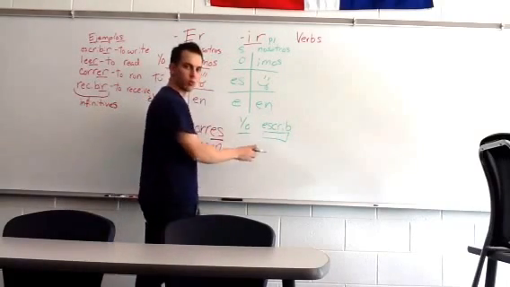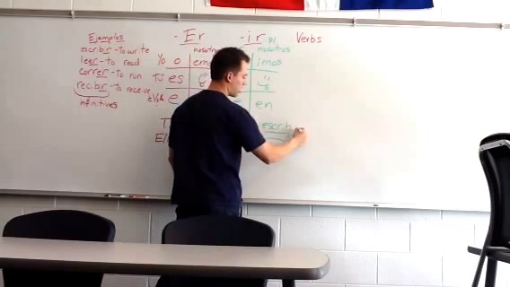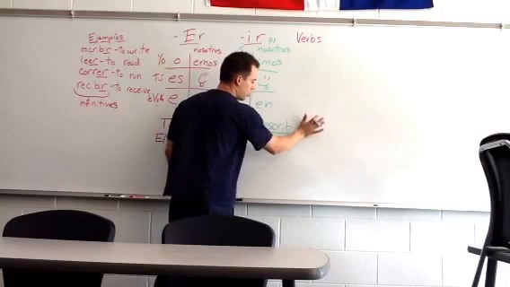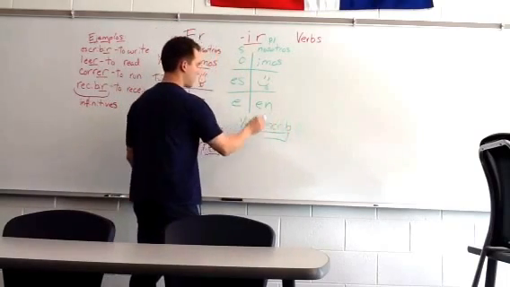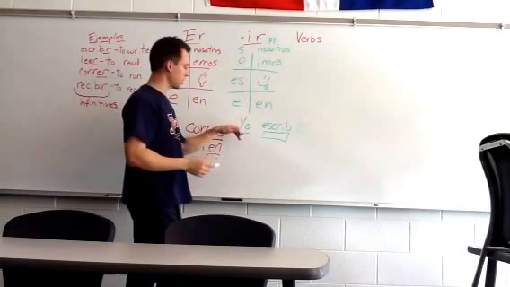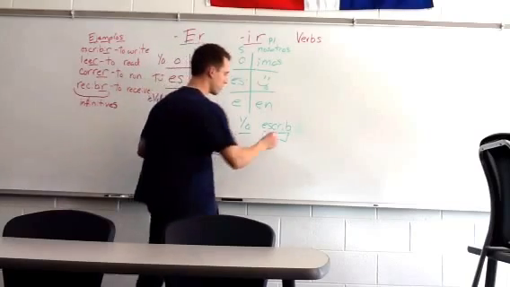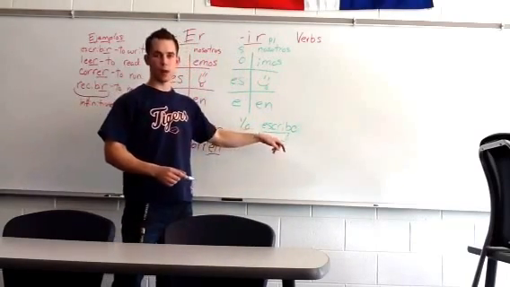Every time you go to conjugate, write that first. What did we do? We just took the IR ending off. So we take the IR ending off, or the ER or AR, depending on the verb, and we add the corresponding ending depending on the subject pronoun. In this case, yo is our subject pronoun, so the ending is o. So let's say, yo escribo, I write.